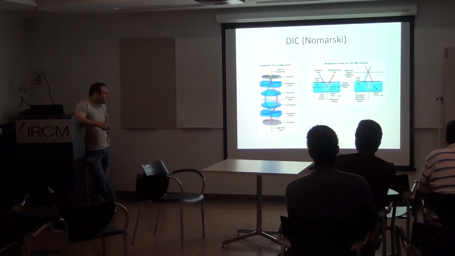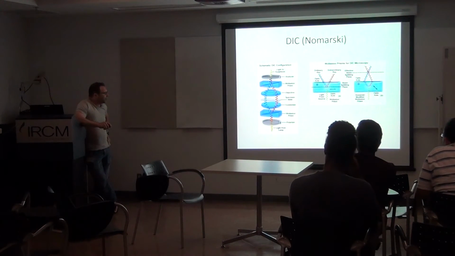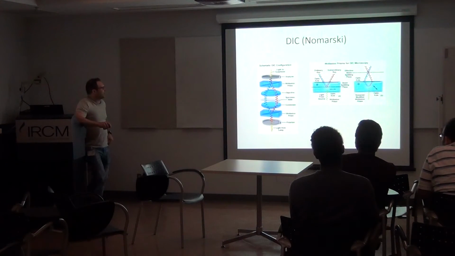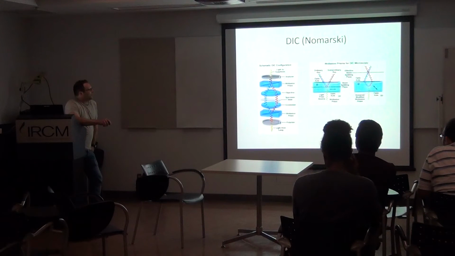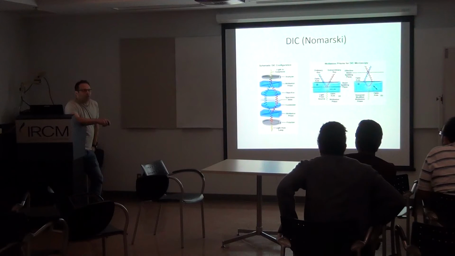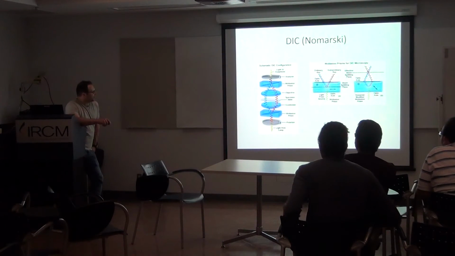This technique is more complicated, and it's called Nomarski because of those prisms here. The first person who invented the prism is Wollaston, and Nomarski made it usable in the optical system.